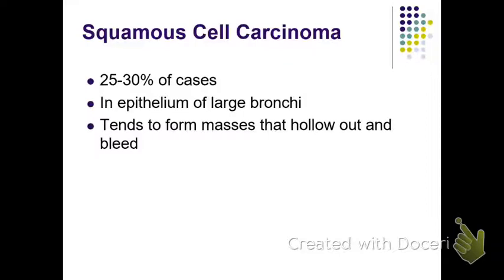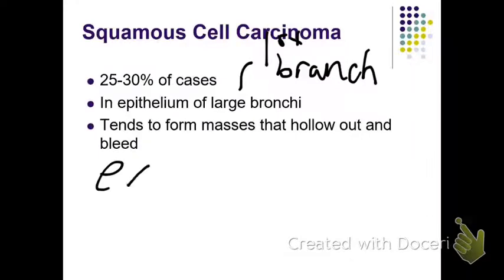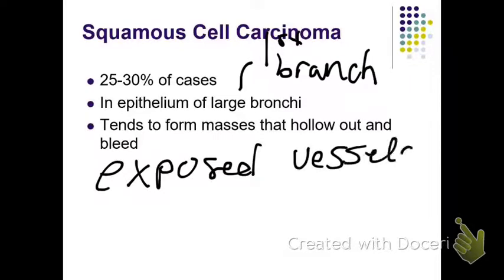Remember, the large bronchi are the first branch that protrudes into the lung, and they form masses that hollow out and bleed. The bleeding is due to the exposed vessels within the bronchi.